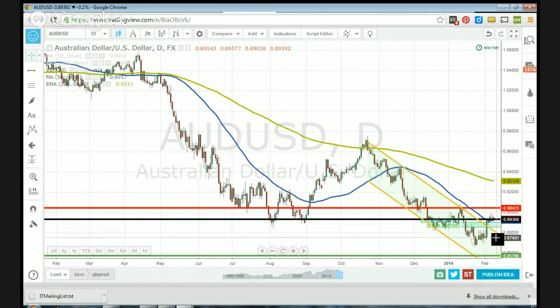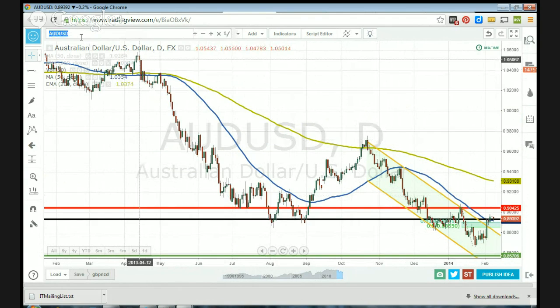So if we can break down and close below 88.50, I'll move my stop to break even, and my target profit is still at 85.70. Okay, so that's Australian dollar. Risk is still exposed there. No difference.